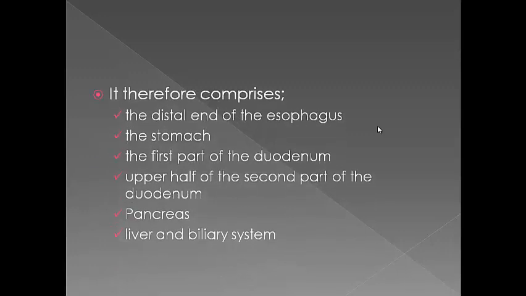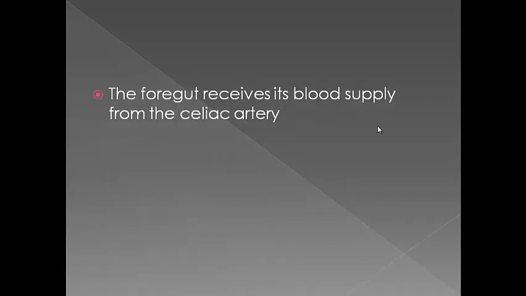So therefore the organs that are considered part of the foregut are the distal end of the esophagus, the stomach, the first part of the duodenum, as well as the upper half of the second part. And we also count in the pancreas, the liver, and the biliary system. The foregut receives its blood supply from something called the celiac artery.